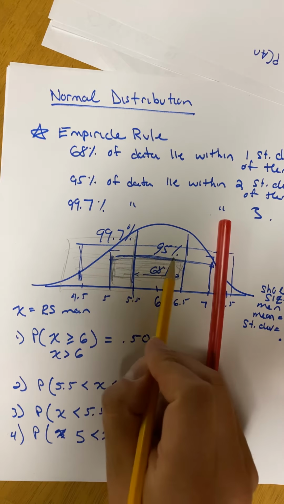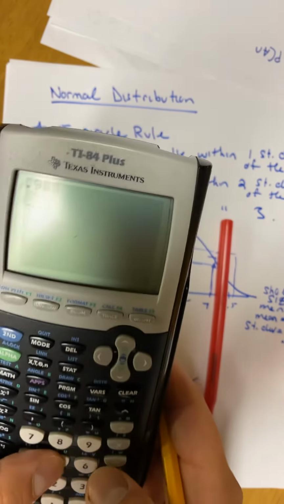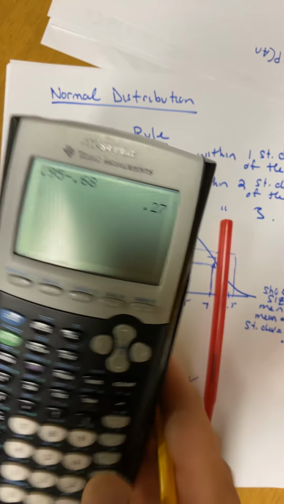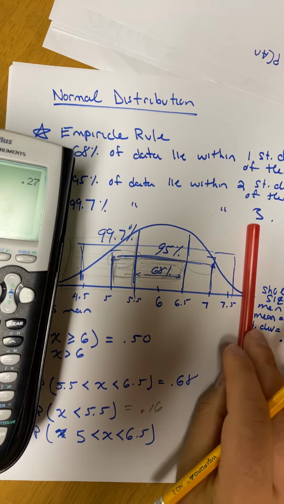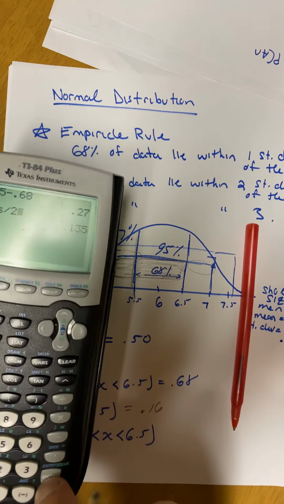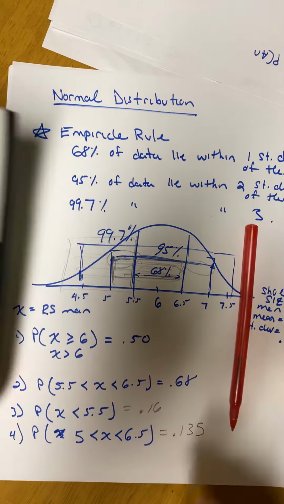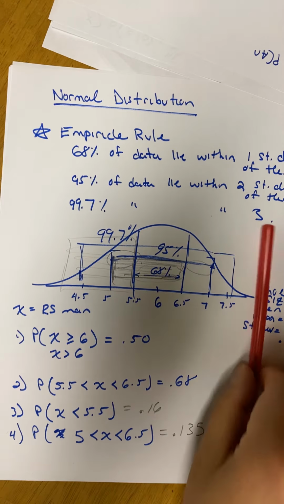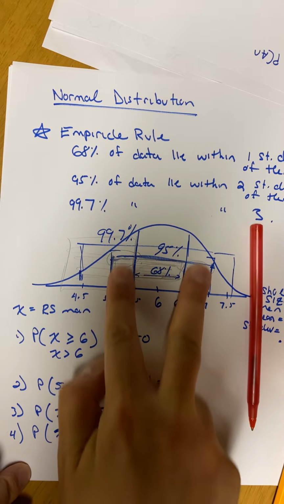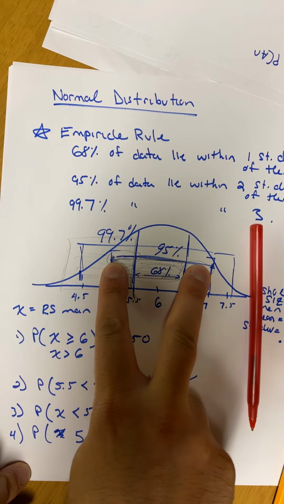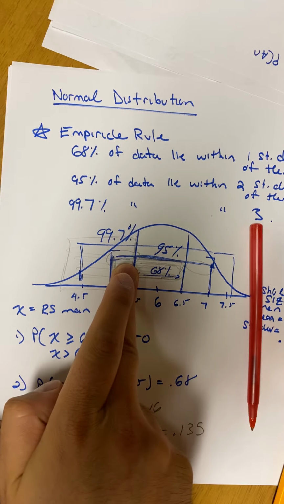So I could do 95 minus 68. 0.95 minus 0.68 is 0.27. So that means here and here have to add up to 27. Cut that in half, 0.135. Because if from here to here is 68 and here to here is 95, if I subtract them, I get the excess right in here. And that excess was 27%, so cut it in half, I get this part.